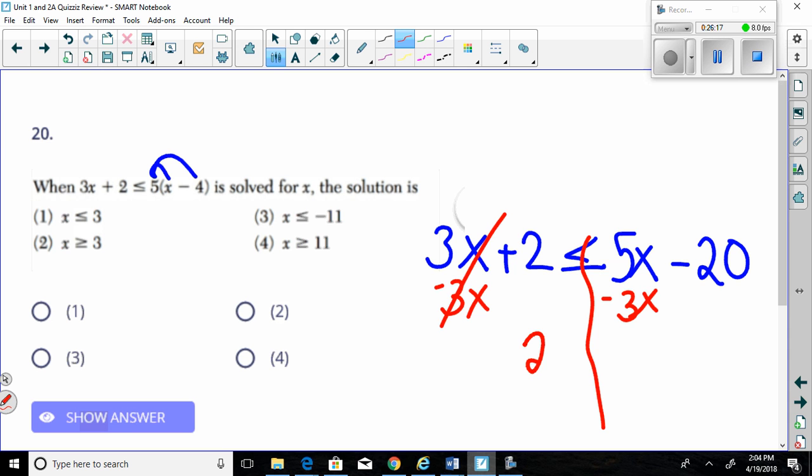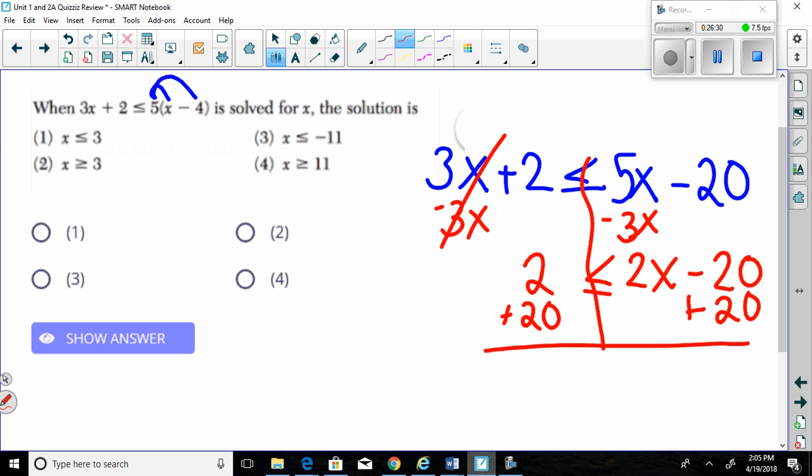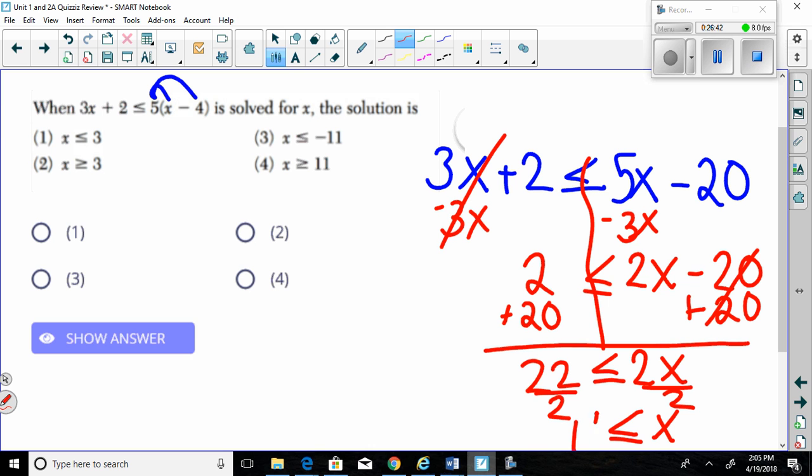You get 2 less than or equal to 2x minus 20. Then what do you do? Add 20 to 2. And what do you end up getting? Then we divide by 2, and we get x is greater than or equal to 11.